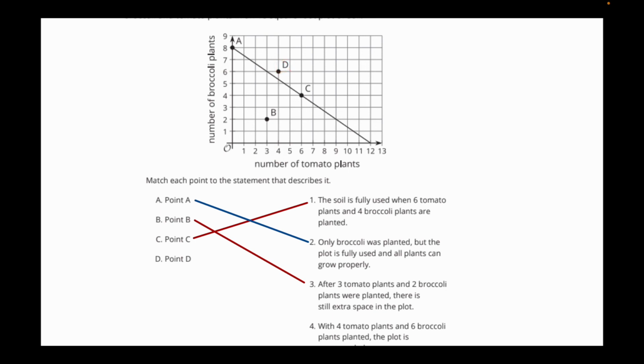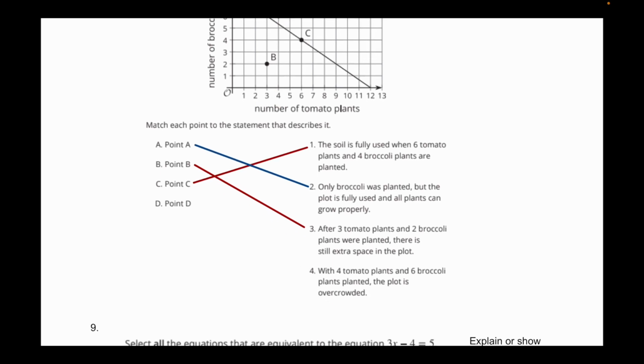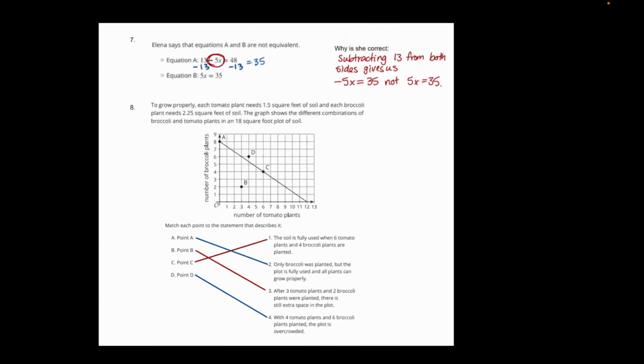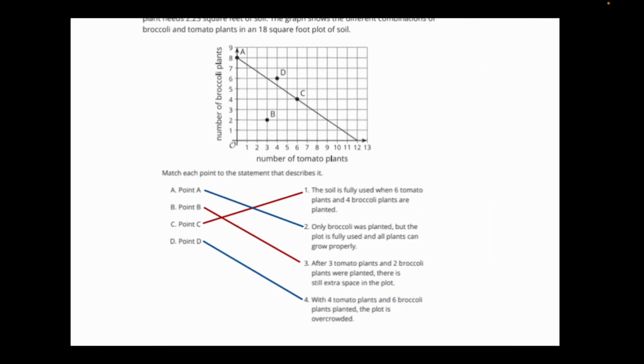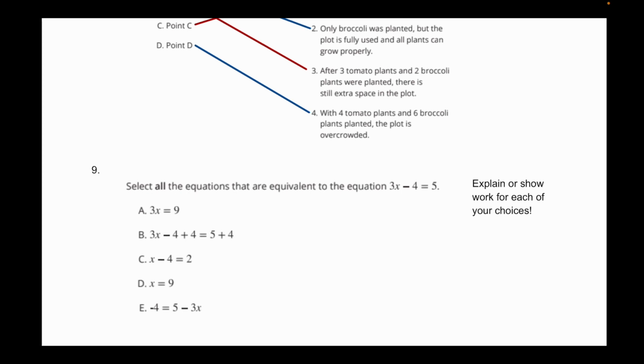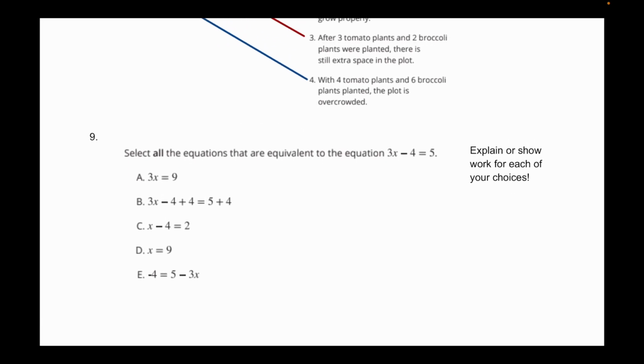So they should be using more than 18, was it 18 square feet? It was, yeah, an 18 square foot plot. So they would need more than 18 square feet to fit those. But everything matches up.